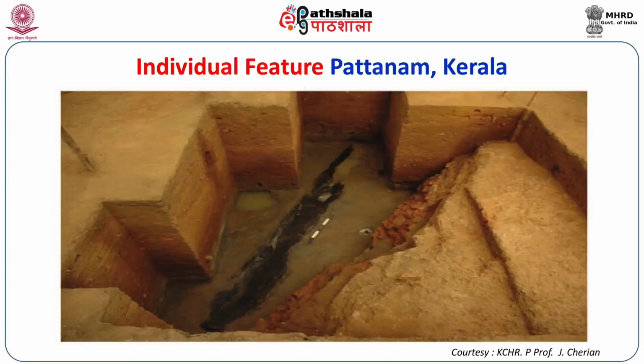Here what you see is a wharf of the early historic period, datable to 1st century BC or CE. Here you have an artificially built wharf and a canoe made of a single log of wood. This is another important individual feature. The people who lived at the site of Pattanam in Kerala in the early historic period had made a wharf for the landing of various boats from the coastal region as well as from the backwaters.